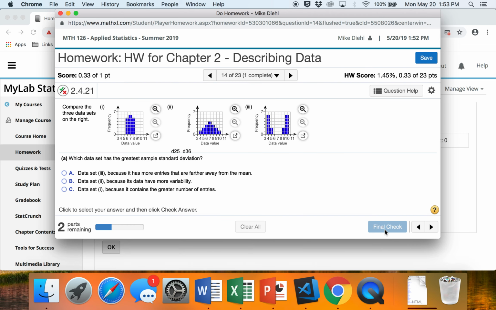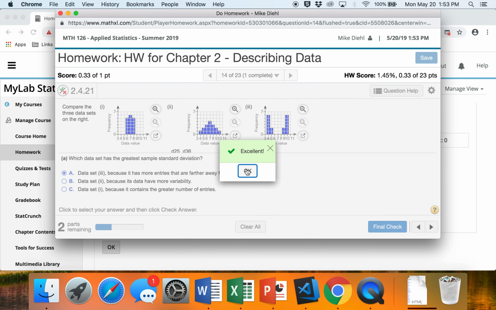So if I say similar question, now it's going to give me a whole other version of this, and it's going to let me redo the problem. These may or may not be exactly the same graphs, but hopefully I'll have better success than I did before. So let's see, if I try this one again, I think 3 is the right answer, hopefully.